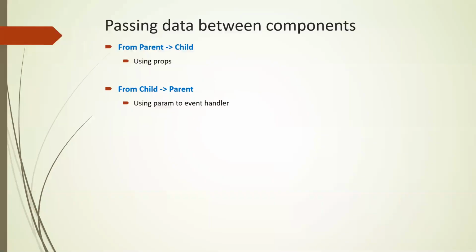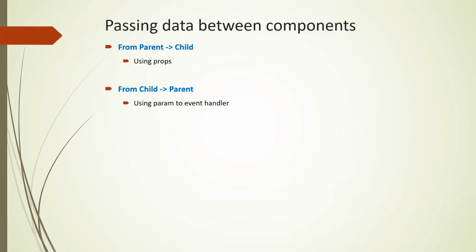Okay, passing the data between components. This is the most important topic, as I mentioned in the introduction as well. When it comes to applications, whether web applications or apps, master-detail data relationships are quite common, where we have to display the master data and child data.